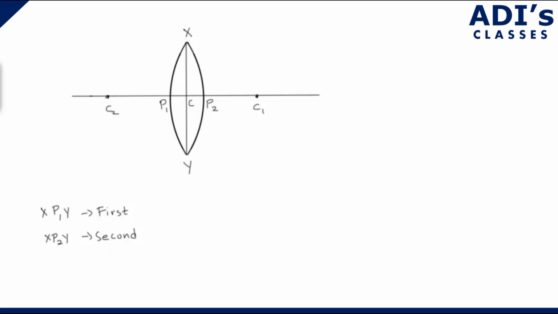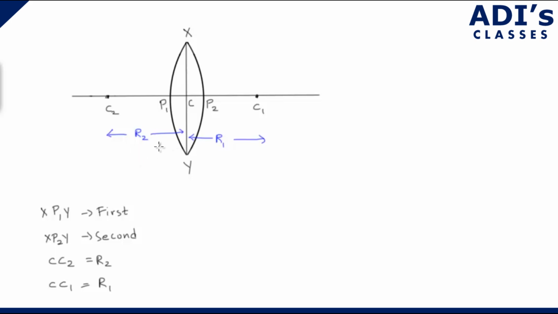Now we are trying to find the distance from the center of the lens. So C c2 will become r2, and C c1 will become r1. Then we have a different refractive index for the lens compared to that of the medium.